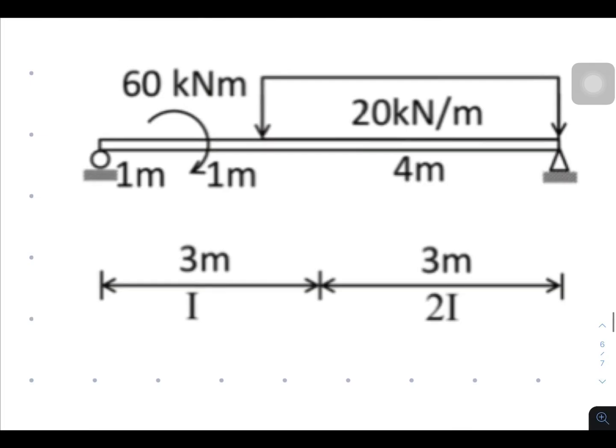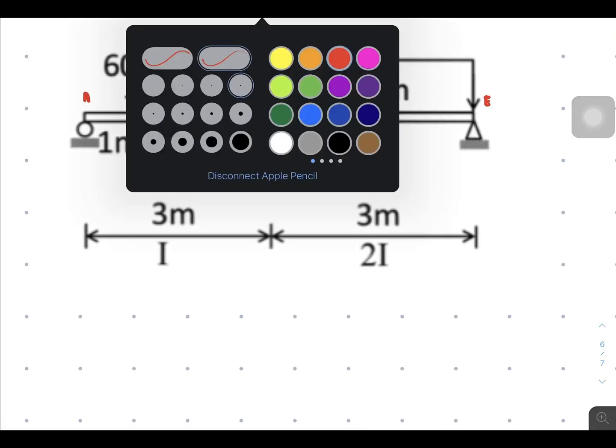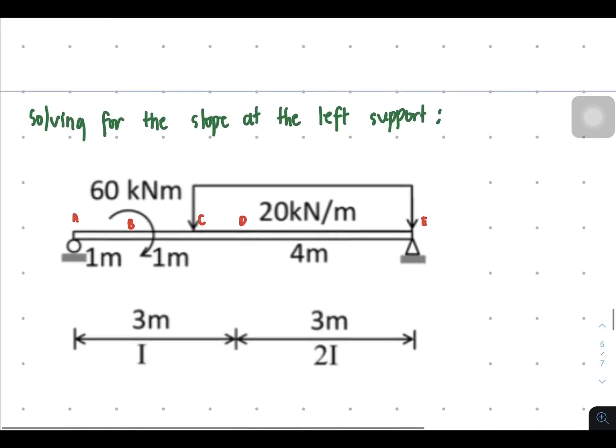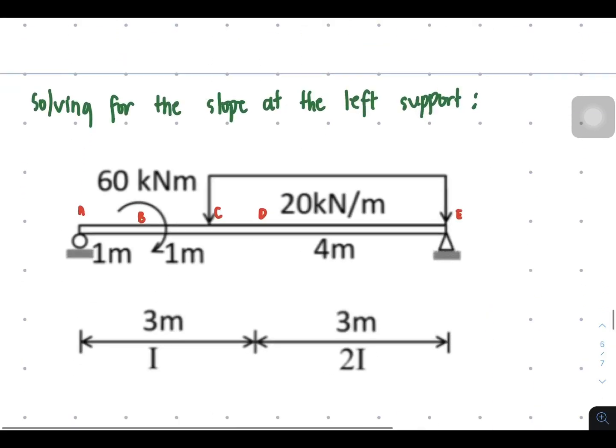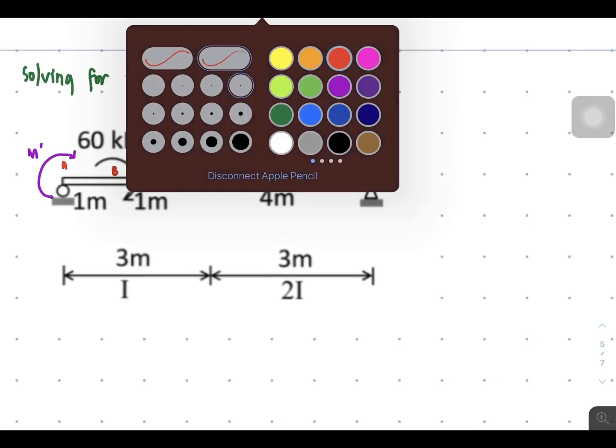So basically we're going to be having the same letters from the previous: A, B, C, and then D here with E here. And since we are asked to solve for the support's slope at the left side, then let's have this assumption of our M prime.